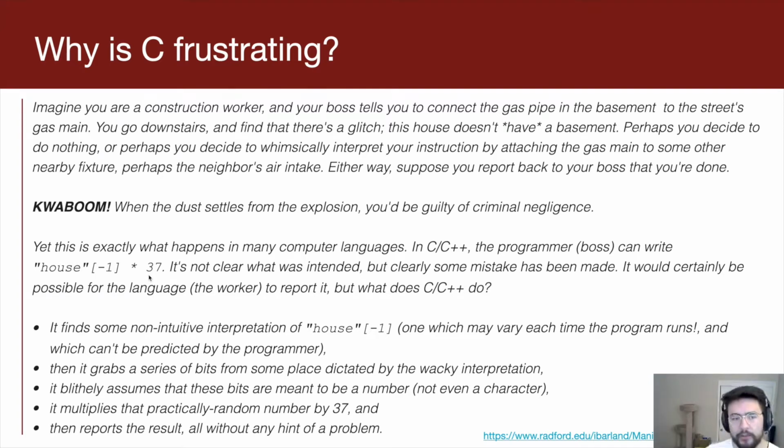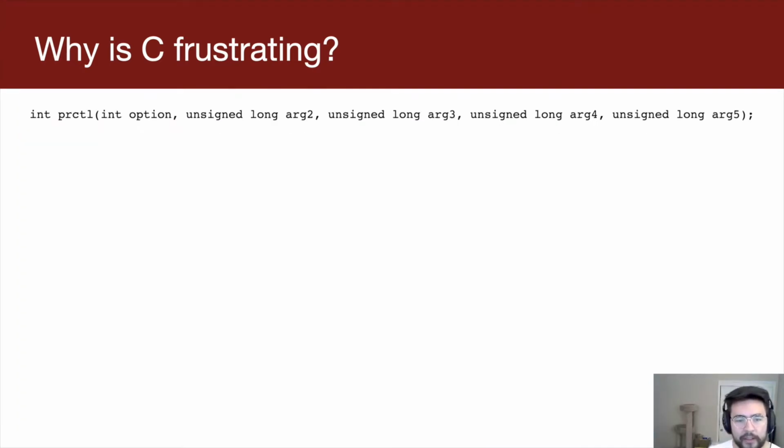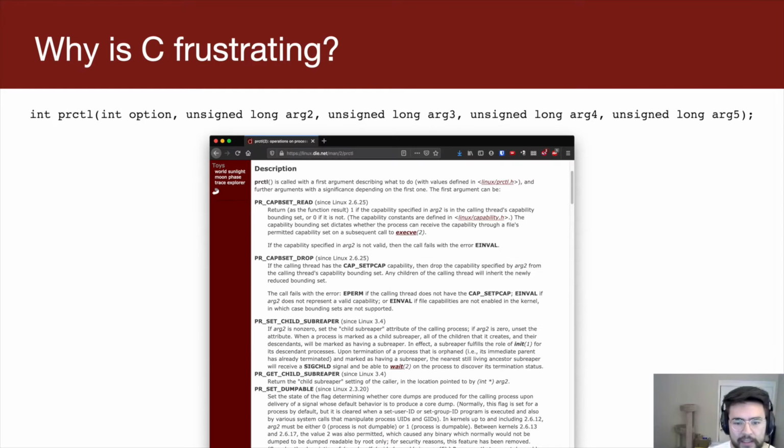And also, when you're programming in C, sometimes you encounter functions like this abomination. This is a process control system call. If you look at the man page for this thing, it's extremely long. I'd actually recommend giving it a quick skim just to see how frustrating this can be. What's happening here is you specify a constant as the first argument here.